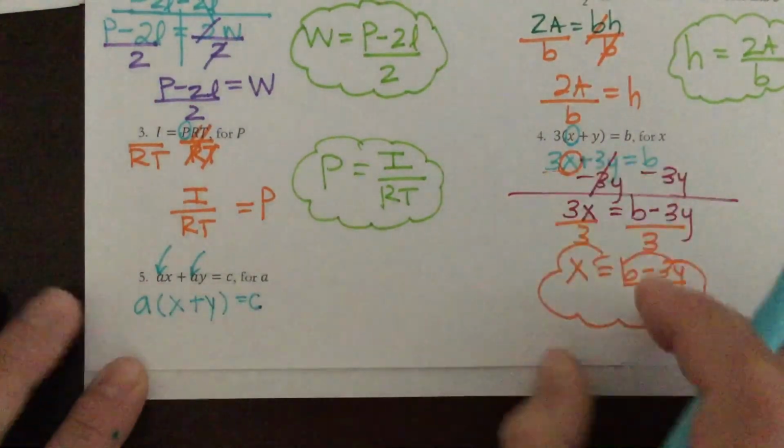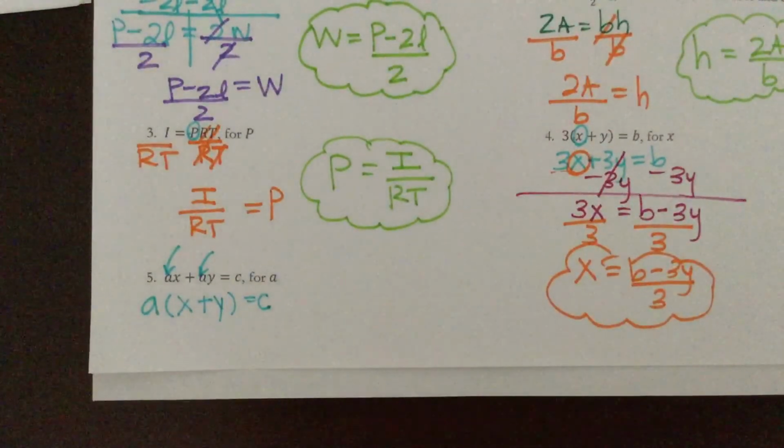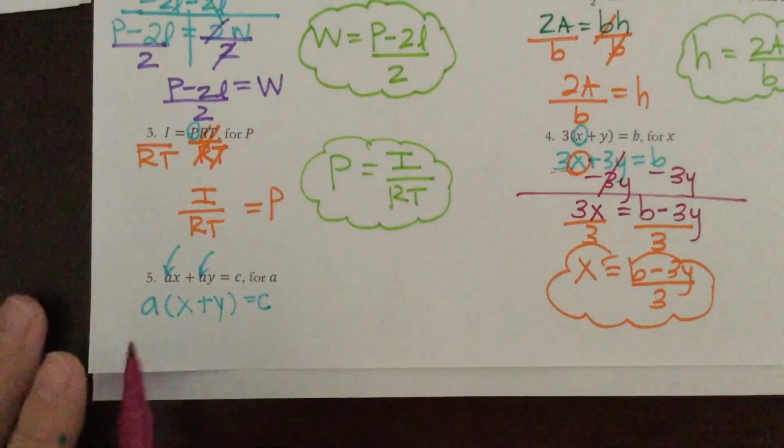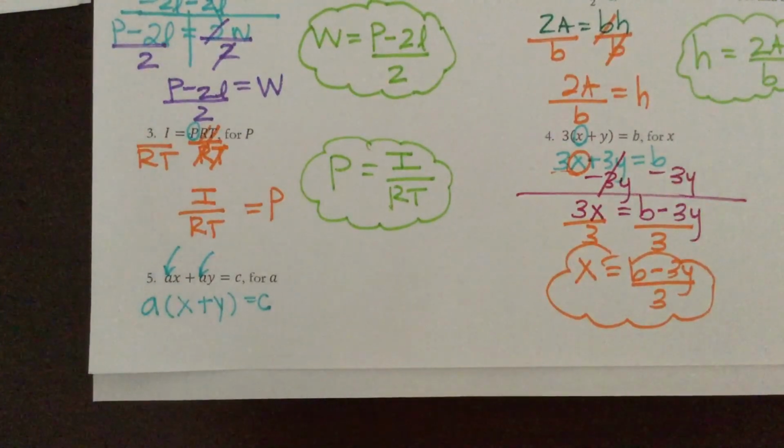Y. Very good. All right. So we actually had to undo the distributive property here because we had 2 variables and we needed to get that down to just one variable that we can solve for. All right. There are no fractions or decimals. There are no like terms to combine. There is no addition or subtraction to move over because the a is multiplying the x plus y.